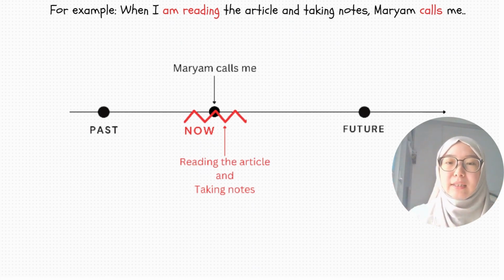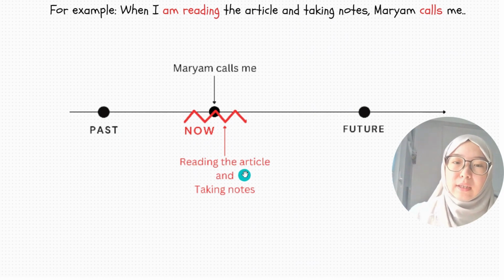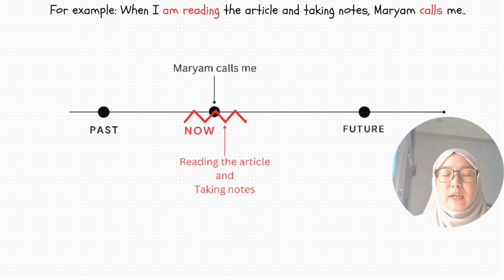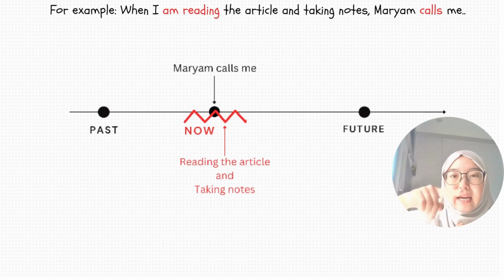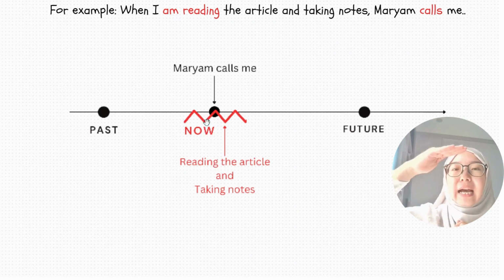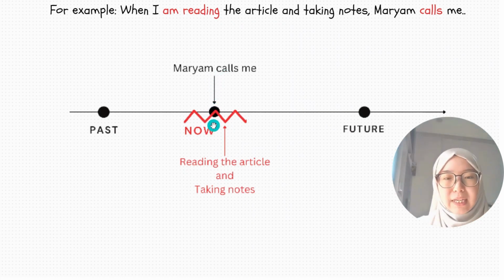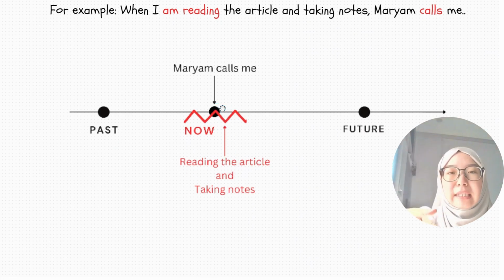Now let's look at the timeline and inshallah you will find the answer there. Timeline. The first point represents the past, the middle represents now, and the other one represents the future. The red color, you can see the zigzag there, right? The zigzag means the action is happening right now and continuously, which means reading the article and taking notes is an action that is continuously happening.